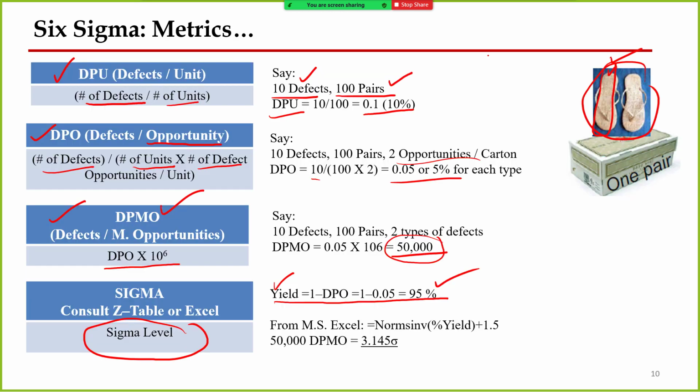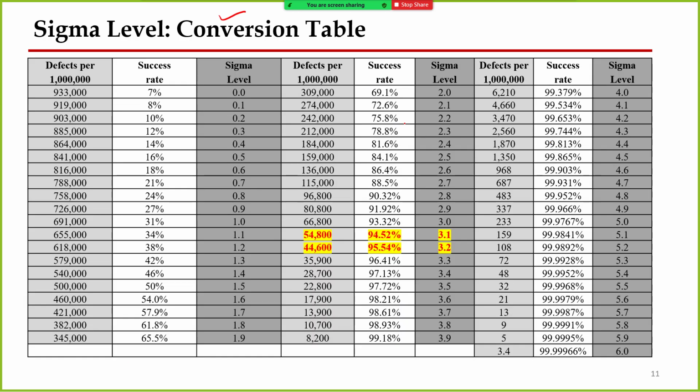As we have seen, the DPMO answer is 50,000. From the defects per million table, 50,000 lies within this range, so the sigma level is between 3.1 and 3.2.